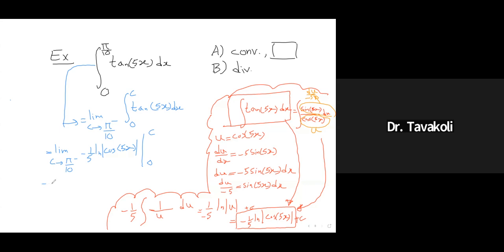So this becomes the limit as c tends to pi over 10 from the left of, at c, -1/5 ln of absolute value of cosine of 5c, minus, at 0, -1/5 ln of absolute value of cosine of 5 times 0, so just cosine of 0.